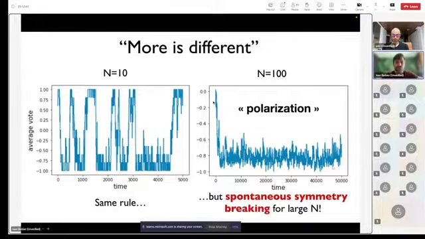You could have randomly gone to the other candidate so that the average was closer to 1 instead of -1, and you would still be stuck there forever. So it's the random fluctuation at the beginning of the dynamics that decides which state is chosen, but then you don't move from there anymore. So really, more is different. You see a very qualitative difference between small and large systems.